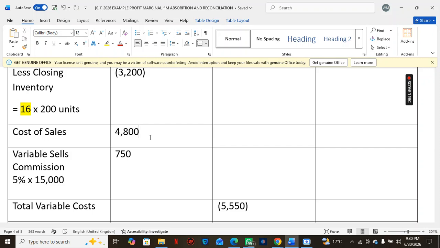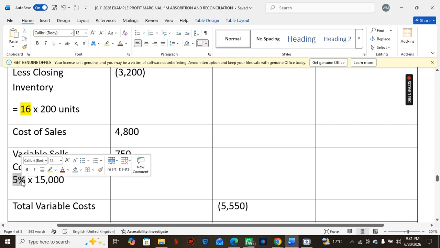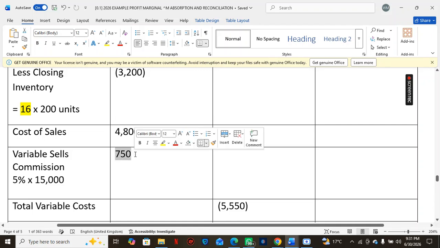All right. Then remember, in marginal costing, you split variable costs and fixed costs. So we've also got our variable sales commission. You said 5% of sales revenue. Sales revenue we tabulated 15,000. So 5% of 15,000, 750 euros.